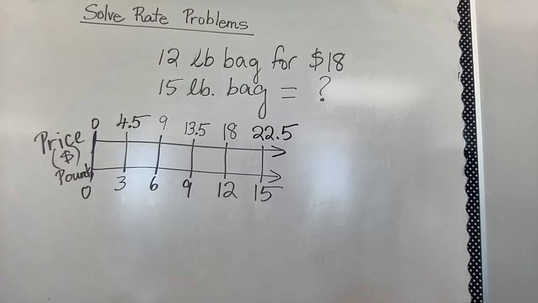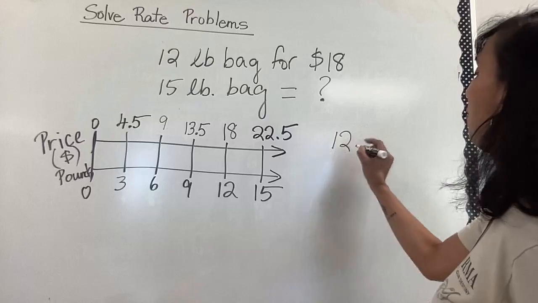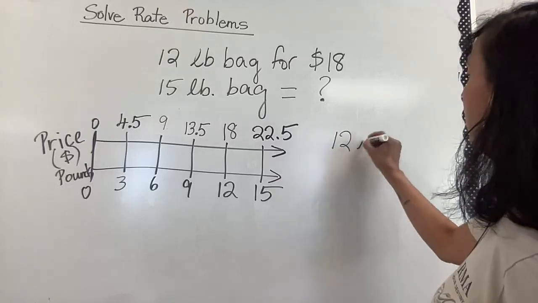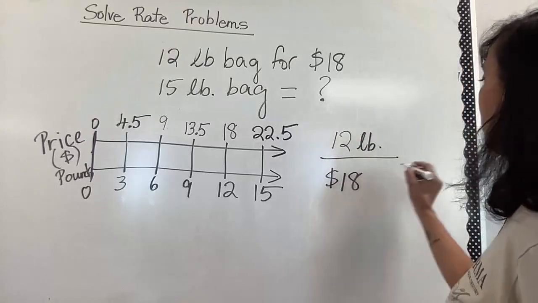Now we can also do this by solving an equation. We can write and solve an equivalent rate, and let's say P represents the price of the 15-pound bag. So we know that we have 12 pounds for $18.